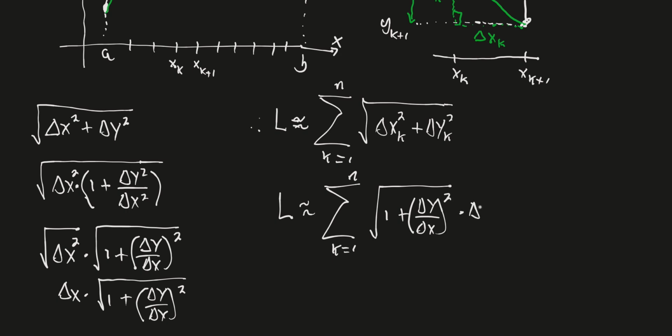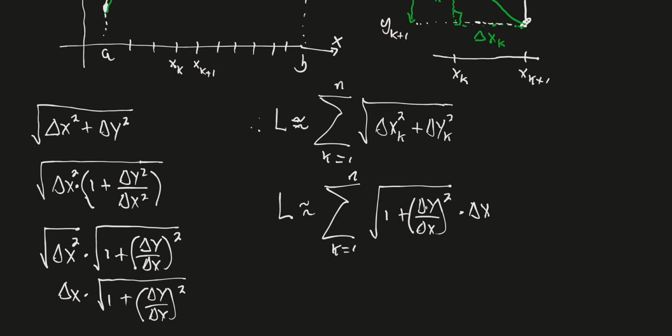times delta x, right? Now, this delta y over delta x should remind you of something important from Calc 1, where if our function is differentiable, as delta x gets very, very small, delta y over delta x turns into your derivative, right?